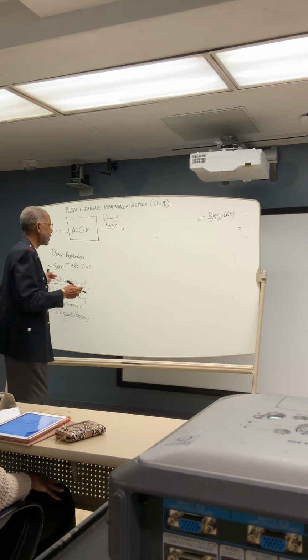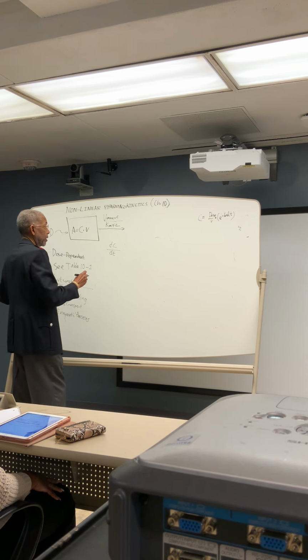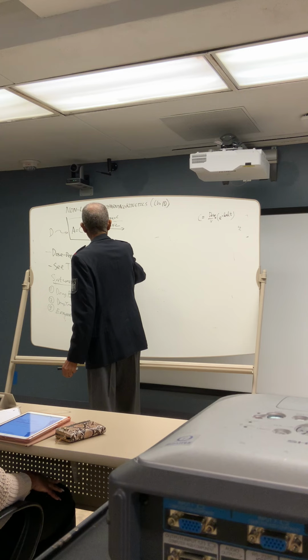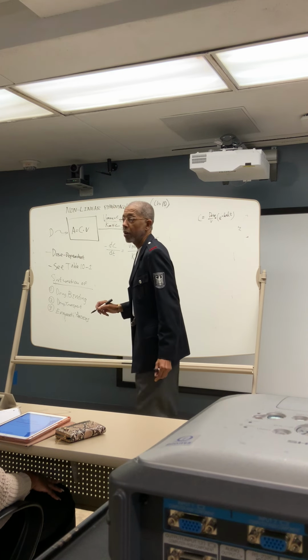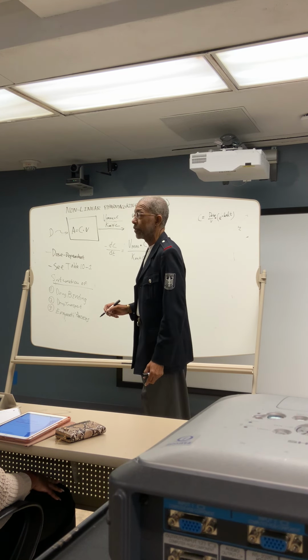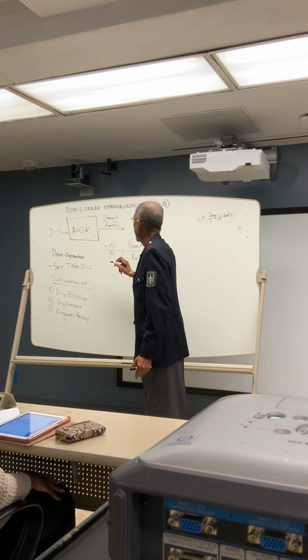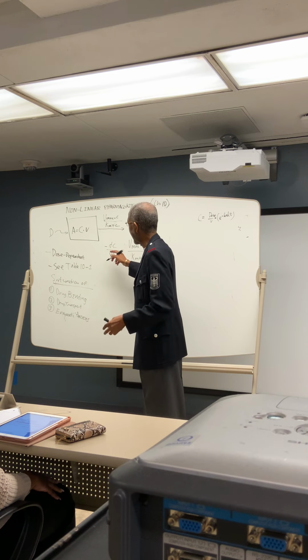So the Michaelis-Menten equation says that the change in drug concentration is equal to negative Vmax times C over Km plus C. This is the so-called Michaelis-Menten equation that you've seen before, where I put the negative sign on this side; you can put it on whichever side you want.